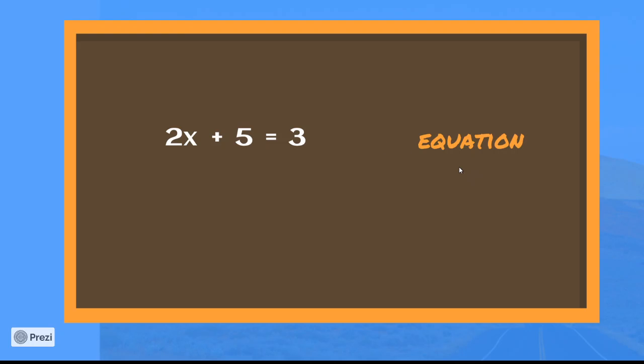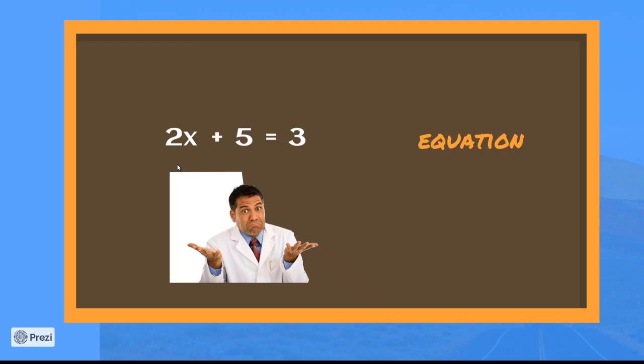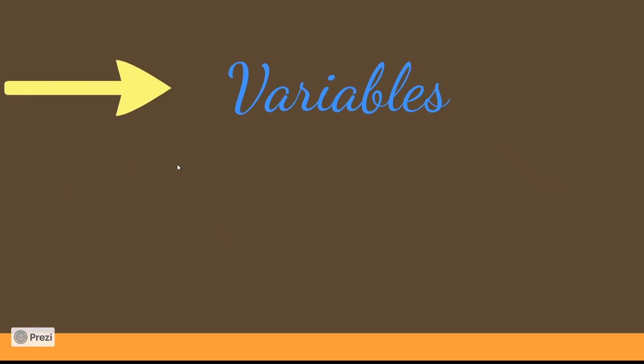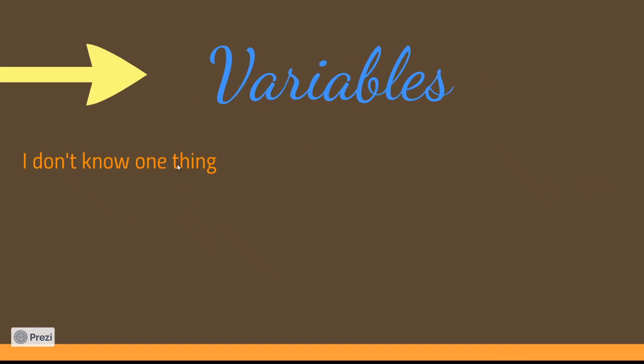Now in this equation we have a variable, or some equations might have variables. Now what are variables? As I was telling you in the last chapter, variables are basically I don't know, and those things that you do not know are called variables. If I do not know one thing, it is one variable.